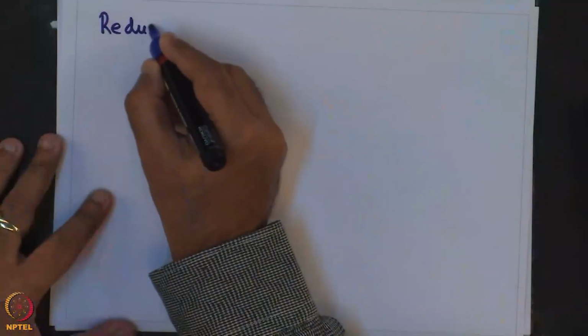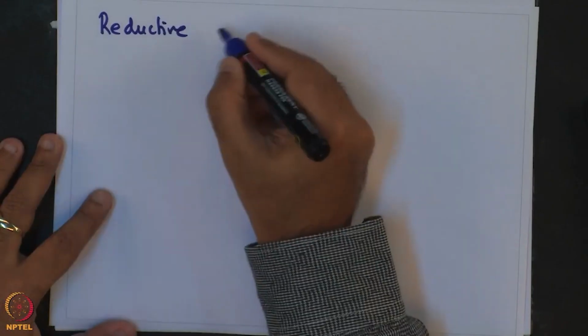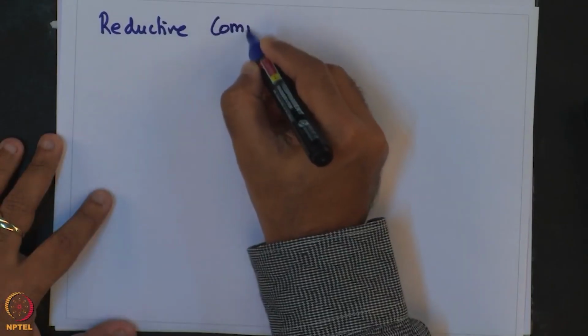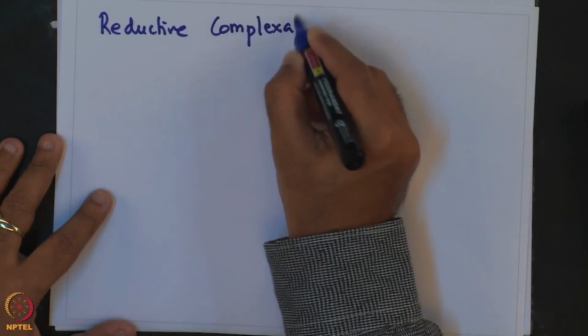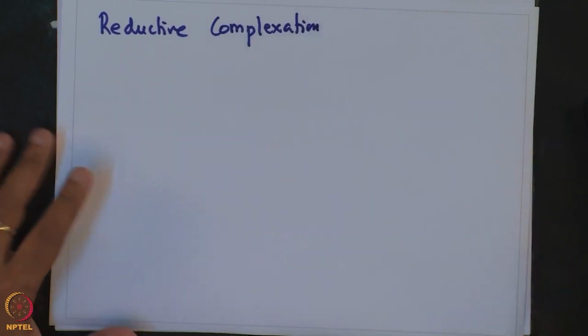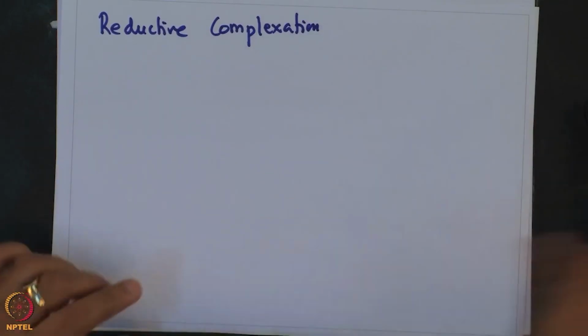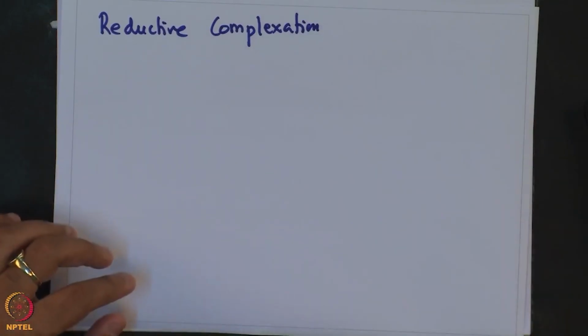So, we are going to look at another new type of reaction. These are called reductive complexation, which are also used for making the C7H7 type complexes. And the reaction is shown over here.